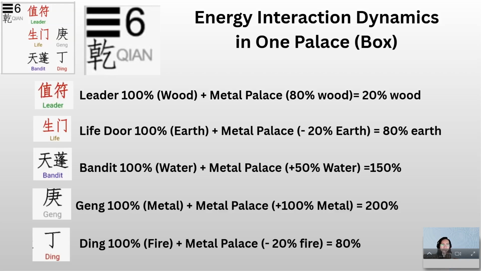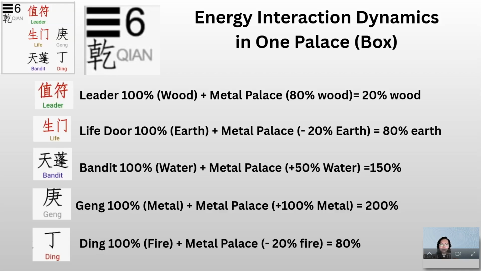When reading a chart, we need to know each element sitting in the palace and how each of them interacts in terms of energy change. That will include the door, the star, the god, the stem, and the branch. Knowing them will give us a lot of information. Let's proceed to look at the different components.